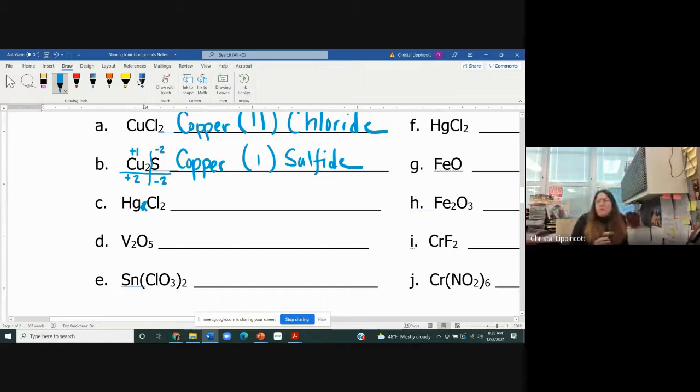So I want to go through G with you. Looks like I have F is the same thing on here. Is that the same thing on yours? No, for us, F is COCl2. Okay.